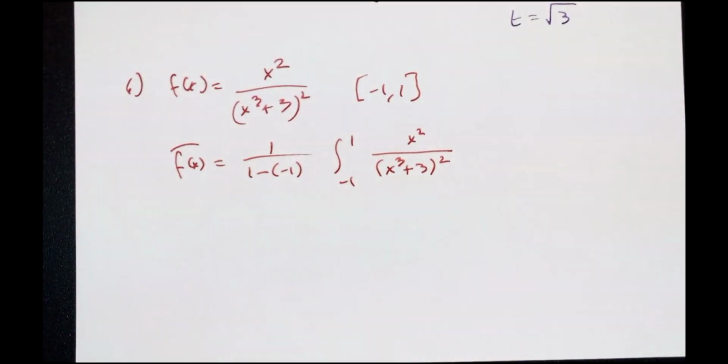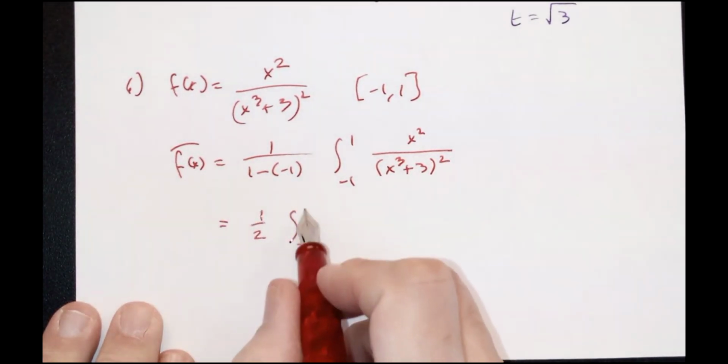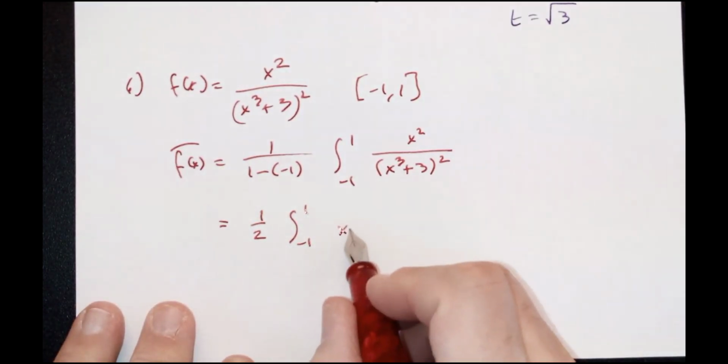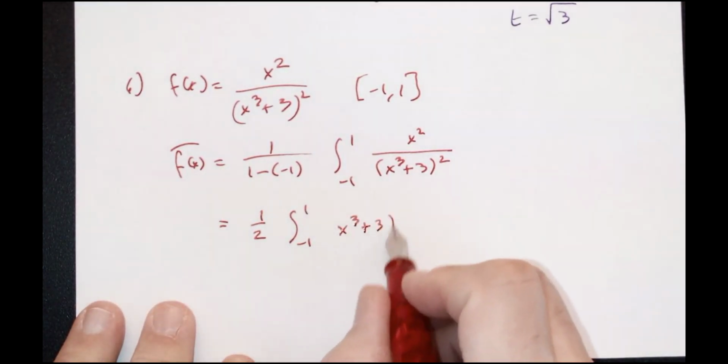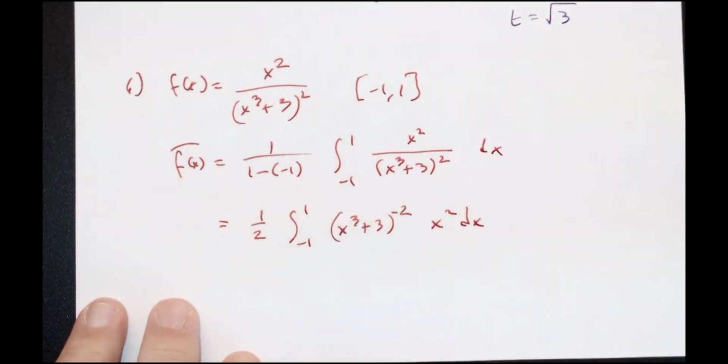So far, so good? I hate trying to do this like a quotient. I'm going to write it (x cubed plus 3) to the -2, and then the x squared. Doesn't help if I don't write down the dx.